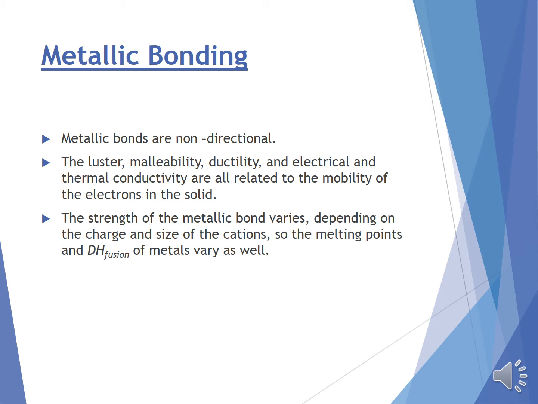The strength of the metallic bond varies depending on the charge and size of the cation. So the melting point and heat of diffusion of metals vary. They have moderate to high melting points.